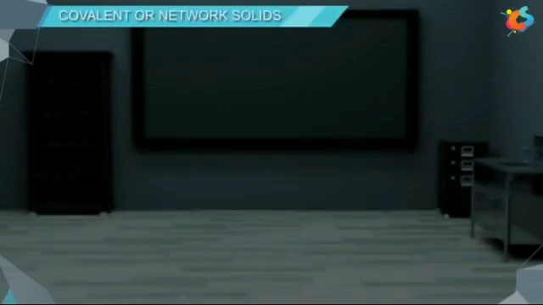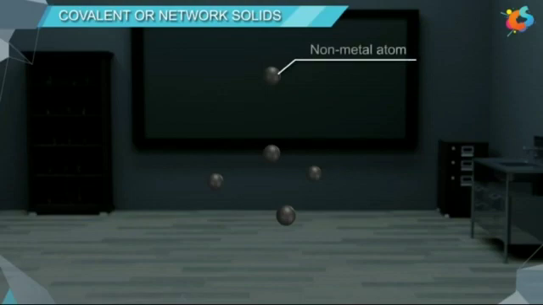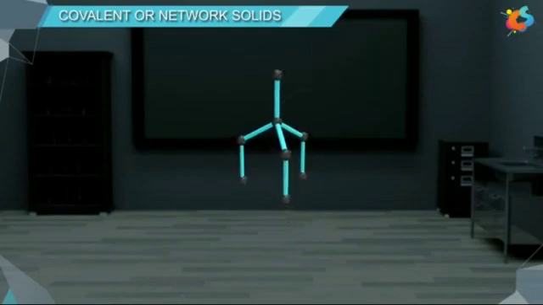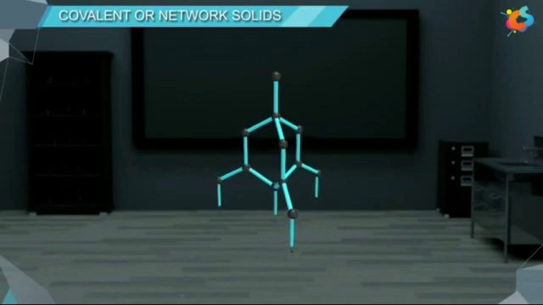Now, let us discuss about covalent solids. These are crystalline solids in which the constituent particles are non-metal atoms linked to adjacent atoms by covalent bonds throughout the crystal structure. As a result, a network of covalent bonds is formed.